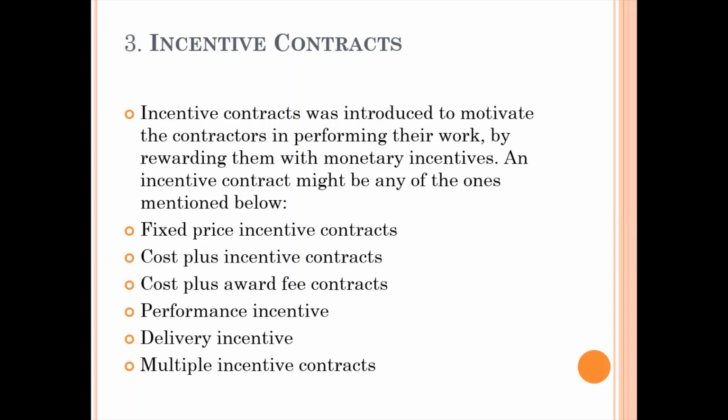The list can be fixed price incentive contracts, cost plus incentive, cost plus award fee contracts, performance incentive, delivery incentive, multiple incentive contracts. These come under this type of contract.